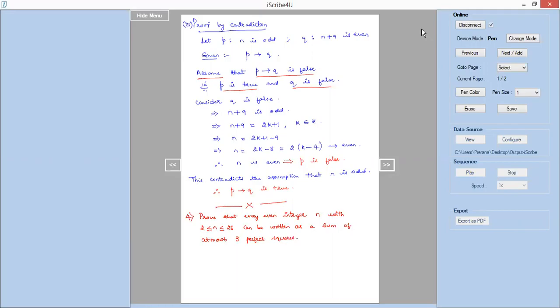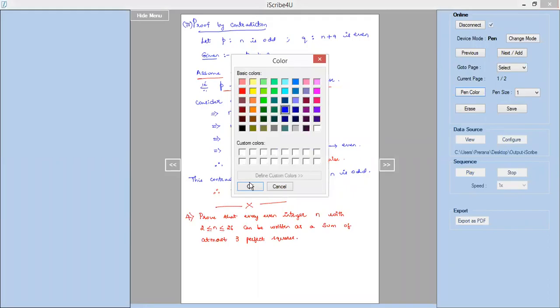So every even integer n, where n lies between 2 to 26, can be written as a sum of at most 3 perfect squares. So let us prove the result.